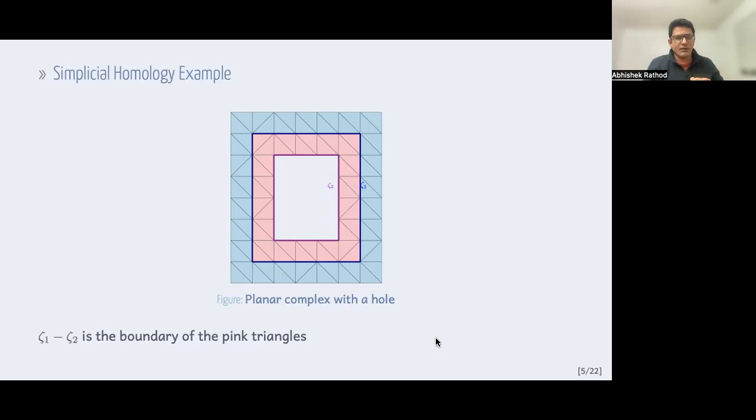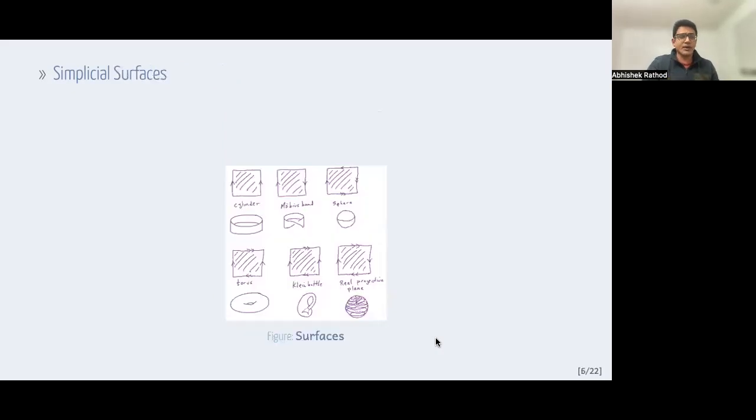And next we will recall some notions related to surfaces, because surfaces constitute an important class of simplicial complexes, and also we have some results for surfaces.